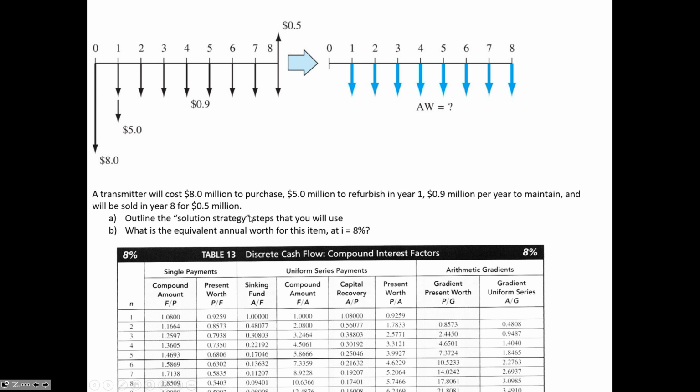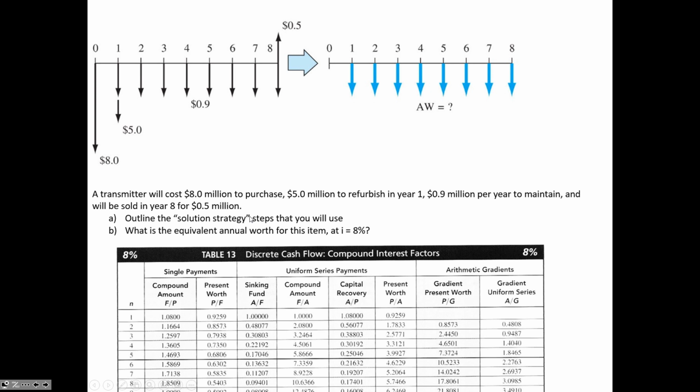So maybe step 1 is take F equals 0.5 at year 8 to annual worth using, okay, now this is where we have to think, what factor are we going to use? We're going to use find A given F, i equals 8%, N equals 8.